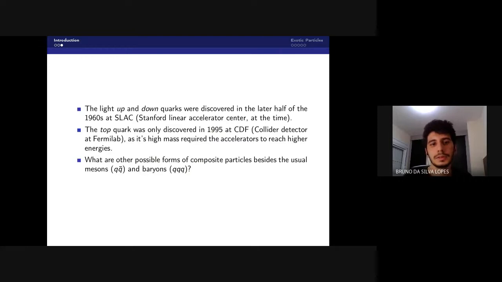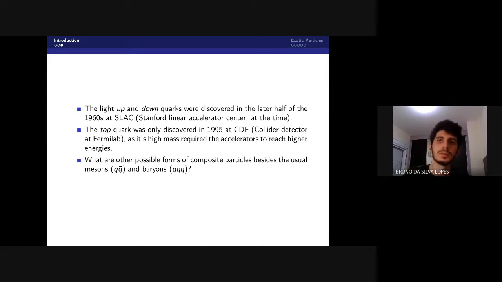And for that reason, the up and down quarks were discovered first, in the latter half of the 1960s. I don't have a precise date because it took some time to be fully understood, while the top quark was only discovered in 1995 at CDF, the Collider Detector at Fermilab. And that's because its high mass requires the accelerators to reach much higher energies.